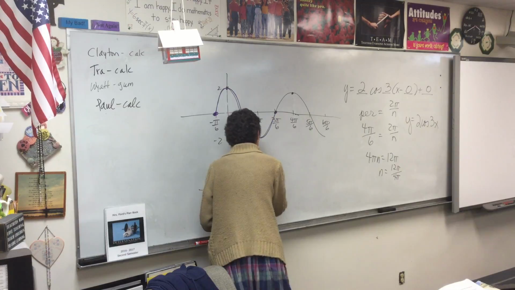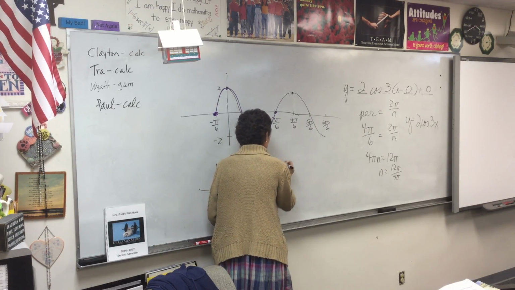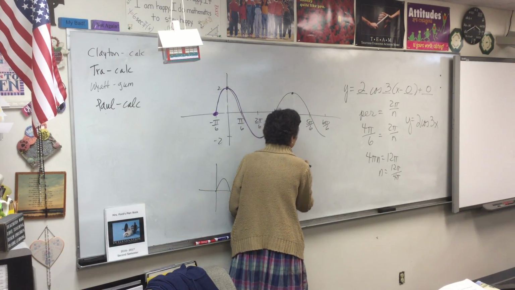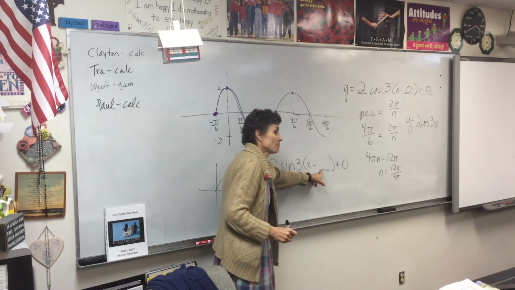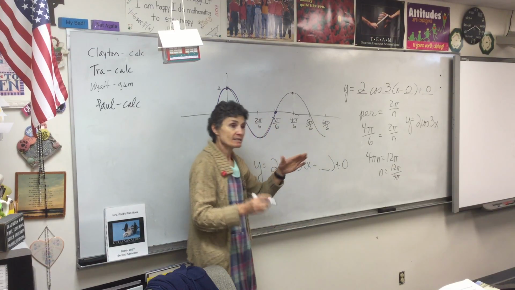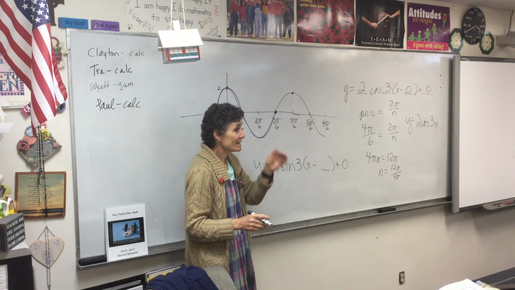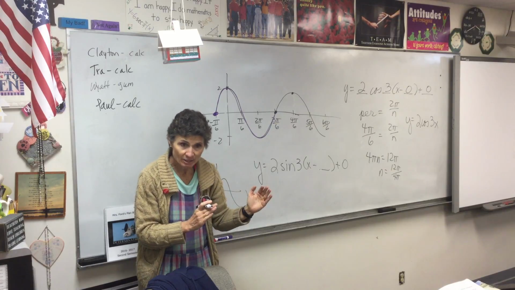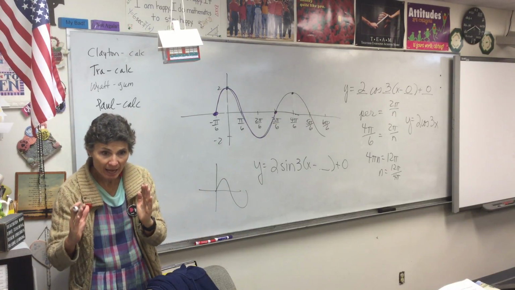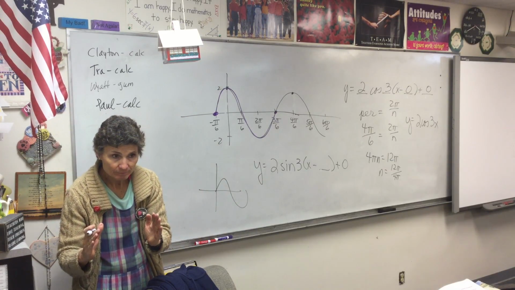No. So when I go to write this sine equation, every number is going to stay the same except that one. Because you told me, the only difference between seeing a cosine curve and a sine curve is how you have shifted it.